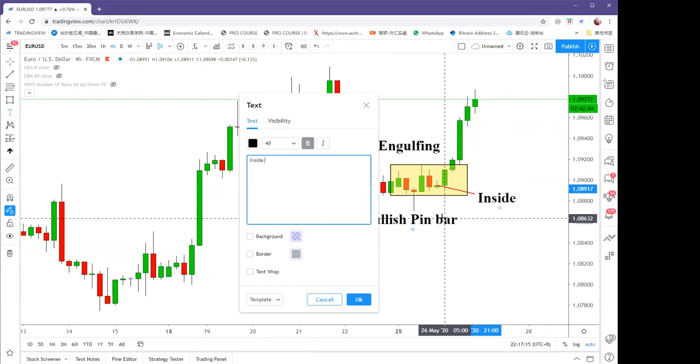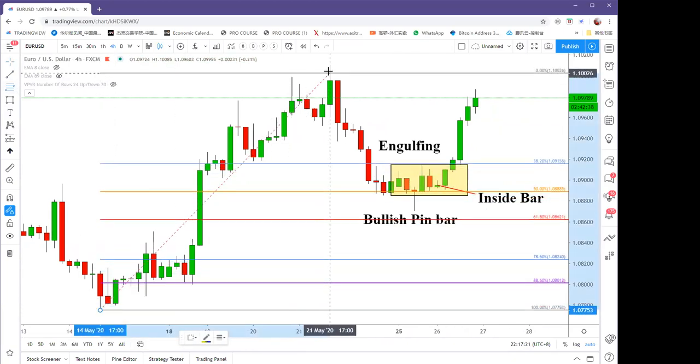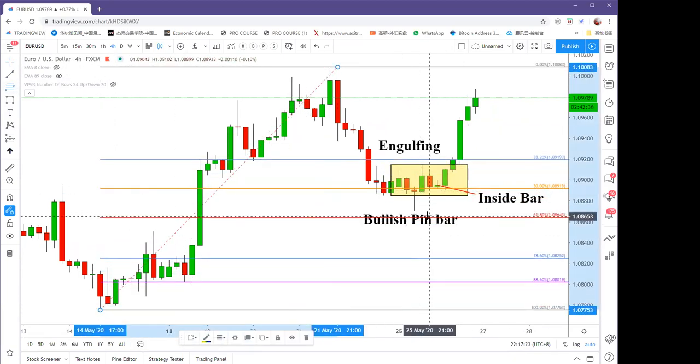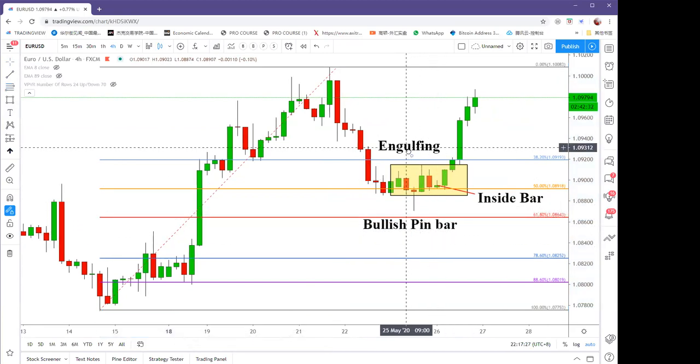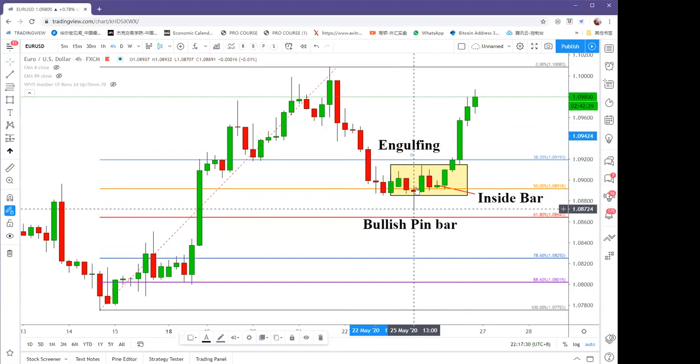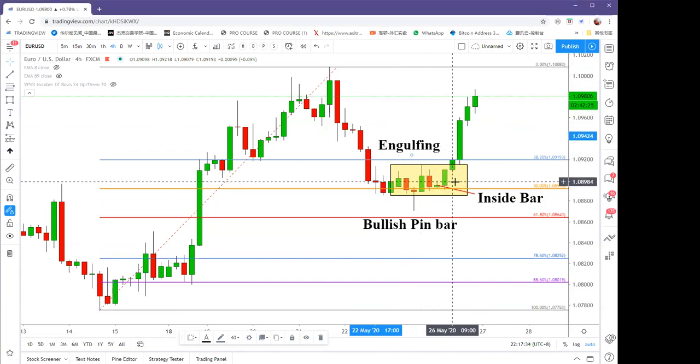So all these 3 price actions, together with the 618 level at the very near place, you actually have 3 reasons to enter a buy of euro. Do you agree? If you agree, give me 6.